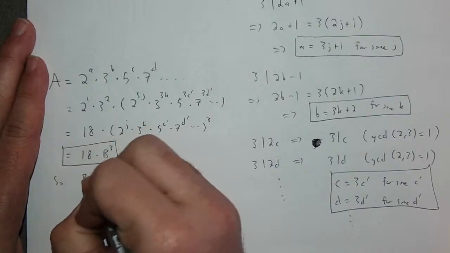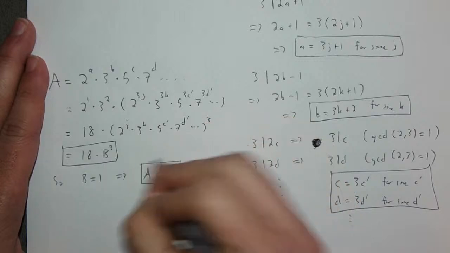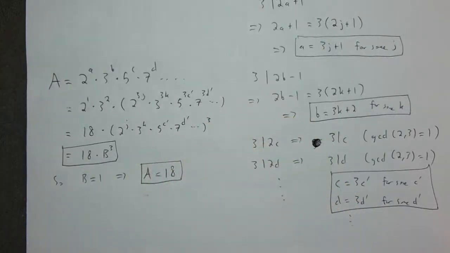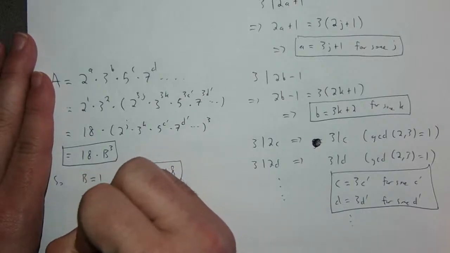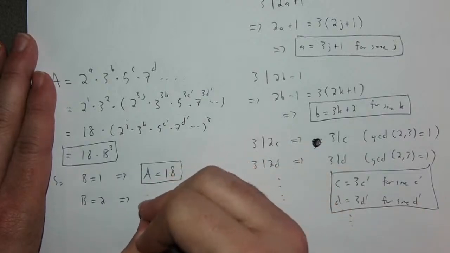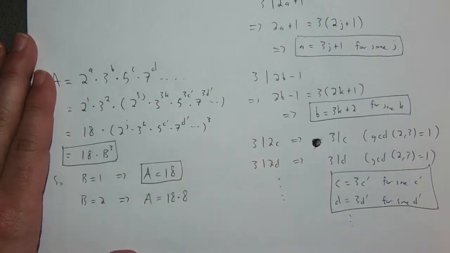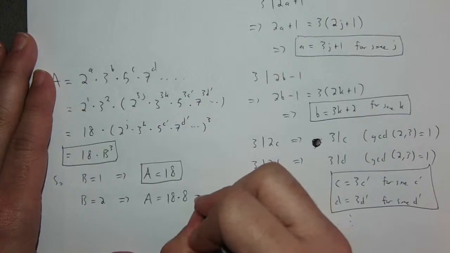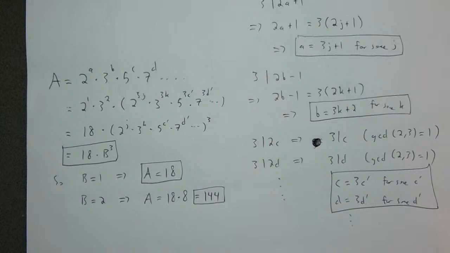So b equals 1 implies that a is 18. That's the one we found easily by setting a equals 1, b equals 2, and the rest of these exponents 0. So what is the next possible option? The next possible option is if b is equal to 2. So a is 18 times 8, which is 144. So the next possible age that satisfies the limerick is 144.